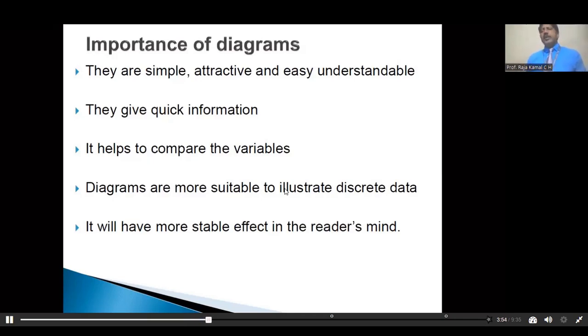And not only that, it helps to compare the variables. Suppose I have drawn a diagram related to the cost of production, and I have again used bar diagrams. By seeing the bar diagram, if one bar has more height and another bar has less height, I can easily find out by comparing.